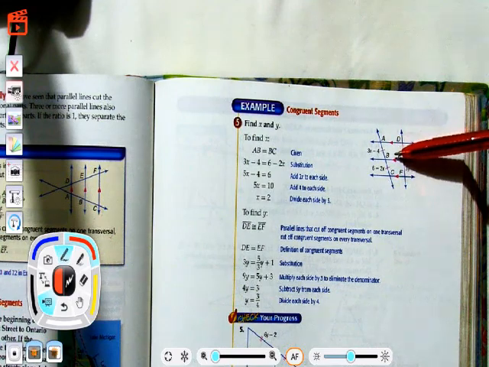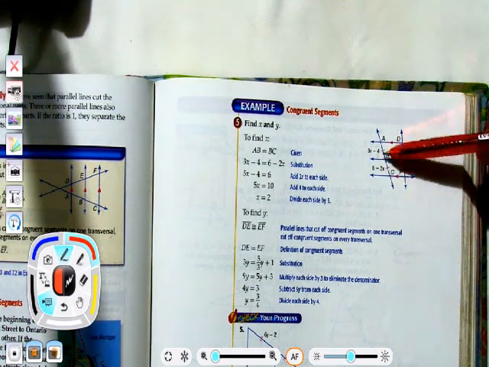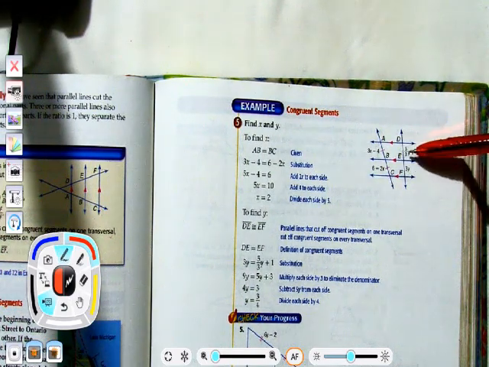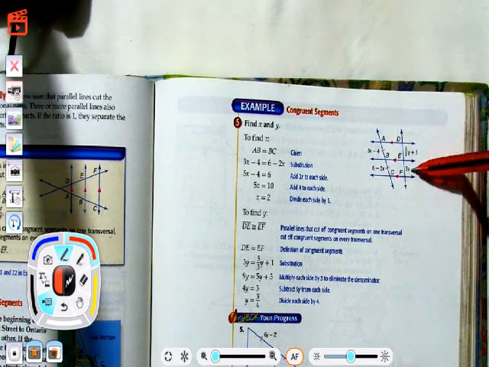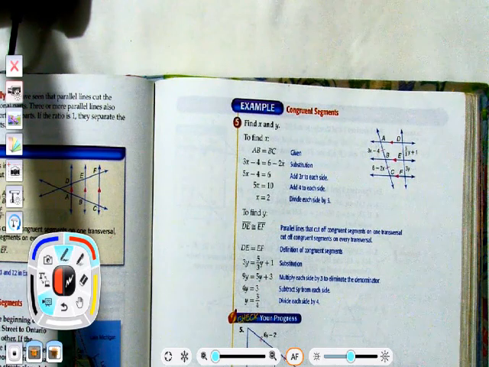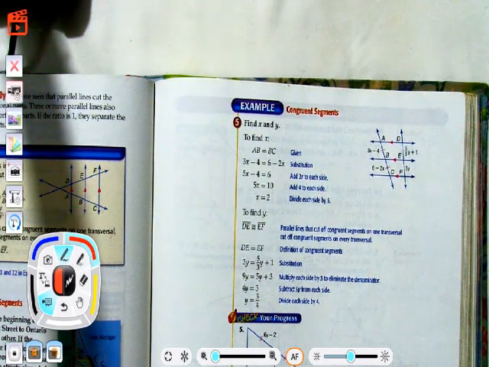Okay, so the other side has a ratio of 1. Therefore, this side must also have a ratio of 1. And if the ratio is 1, that means the two segments are equal. You can only have a ratio of 1 if your numerator and denominator are the same. So you can now solve for x and y separately by just separating them with an equal sign.